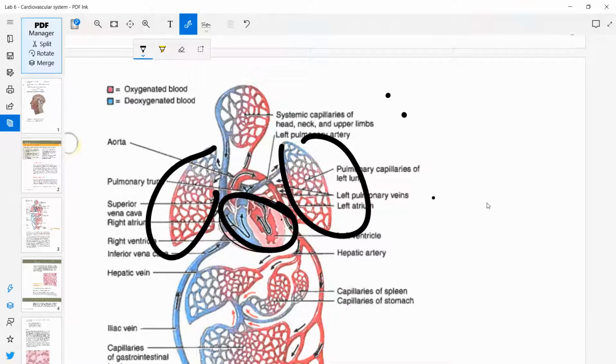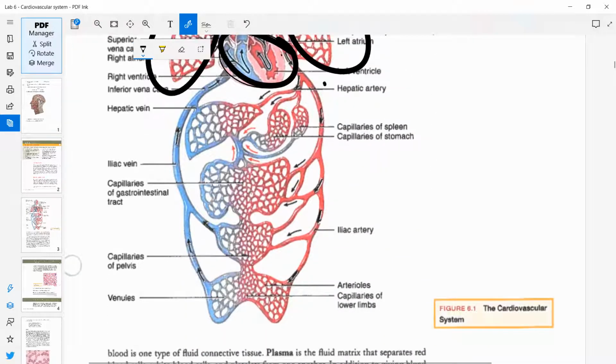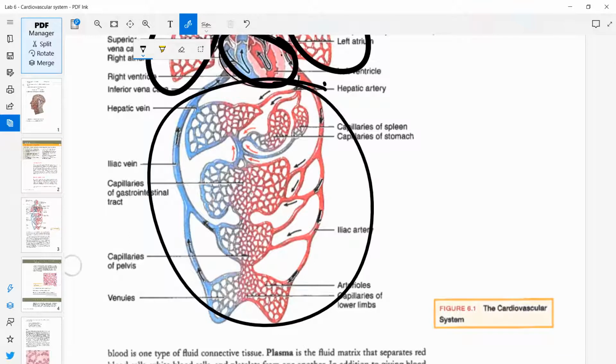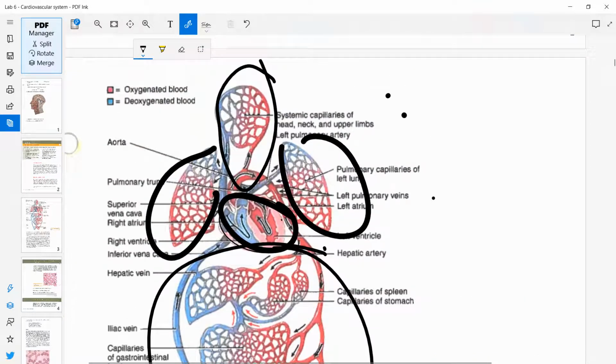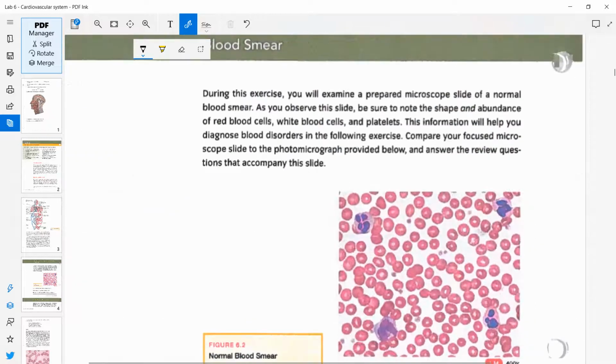Yeah, I think that's good. Pulmonary circuit, the part of the systemic circuit that delivers oxygen to the head, and part of the systemic circuit that delivers oxygen to the rest of the body. So in the pulmonary circuit, blood gets oxygenated. In the systemic circuit, oxygen gets delivered to the body tissues.